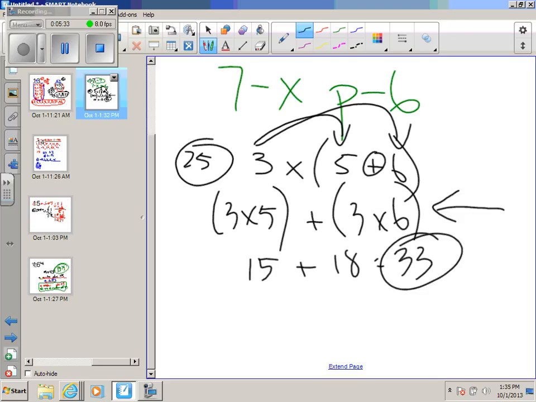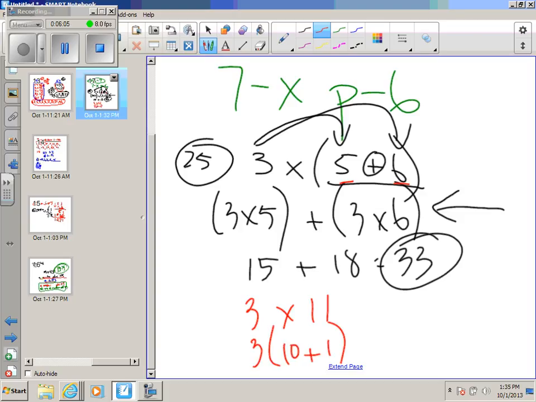I don't even agree with how they set it up, because what is essentially on the inside, what number is that when you put the 5 and 6 together? 5 plus 6? It's 11. If we were doing it our way, and you had 3 times 11, how would you logically split up the 11? You wouldn't use 5 and 6. Logically, you would say 10 plus 1.